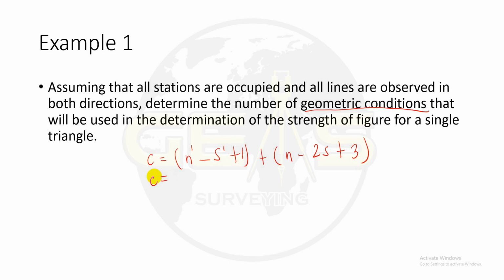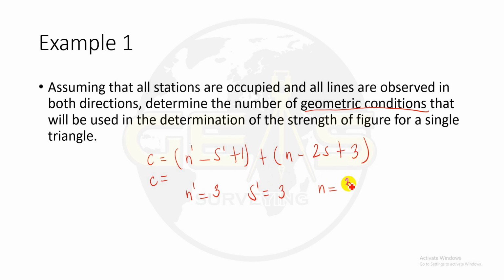So we have a triangle. So n prime, which is the number of lines observed. In a triangle, we have 3 lines. Next, S prime. S prime is the number of occupied stations or the vertices of a triangle. We have also 3. Next, n, total number of lines in the figure.